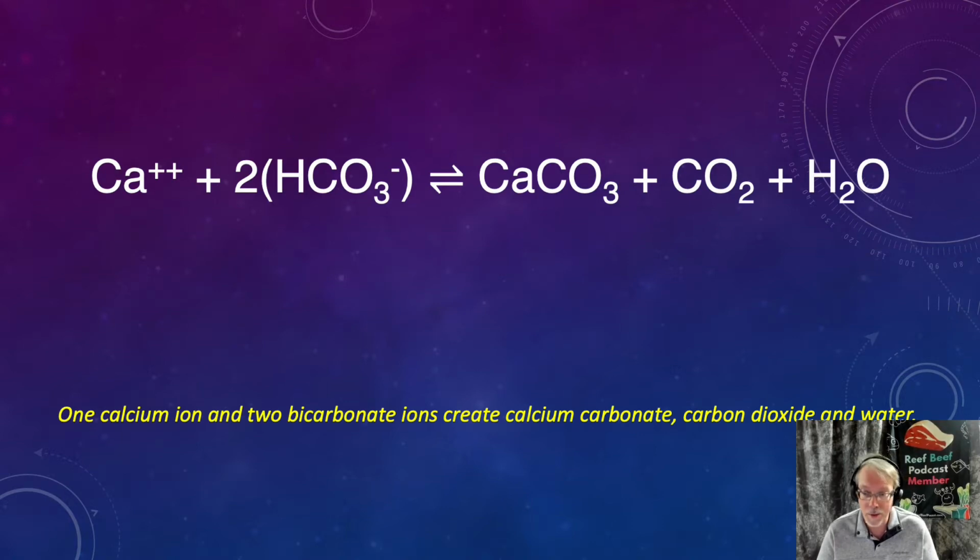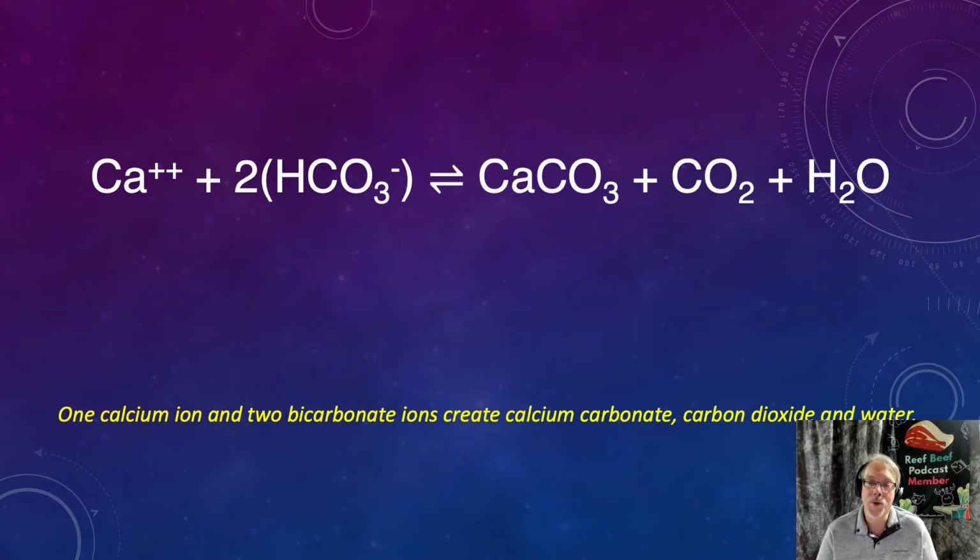This is the equation for calcification, and it's the equation that I've spent a fair amount of my hobby career chasing down the details of. So 1 calcium ion and 2 bicarbonate ions create calcium carbonate, carbon dioxide, and water.